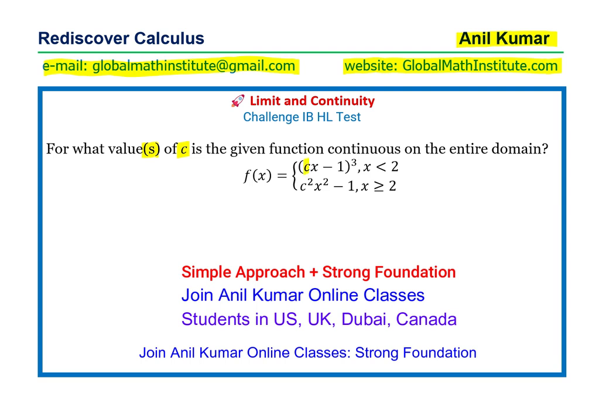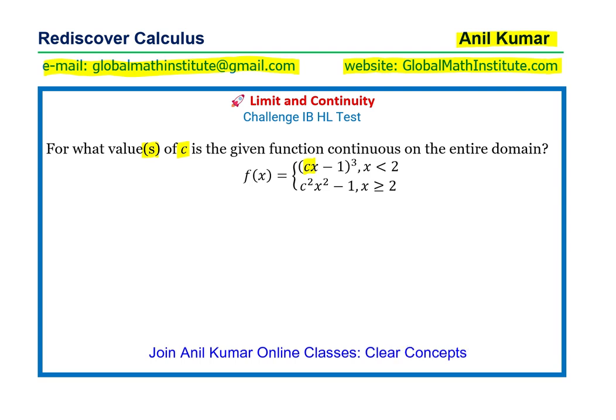So we are looking for more than one value of c which will make this function continuous over the entire domain. The functions given to you are a cubic function and a square function. Both are polynomials, right? Polynomials, as you know, are continuous functions. But there is one point where it could be discontinuous, and that is at x equals 2.